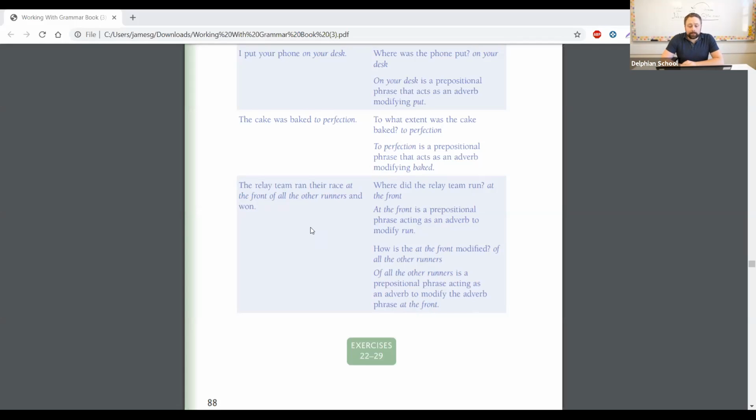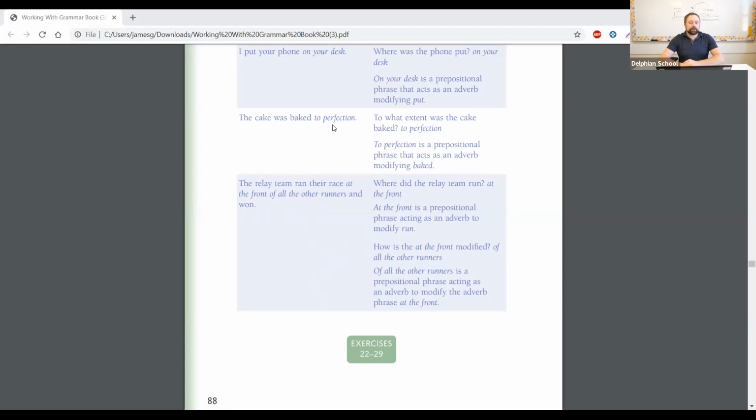But if you want to make it more exact, you could say, the relay team ran their race at the front of all the other runners. At and of are both prepositions, and they both start prepositional phrases. At the front is a prepositional phrase, and of all the other runners is a prepositional phrase. And one of those is modifying the other one, so they're kind of building on each other.